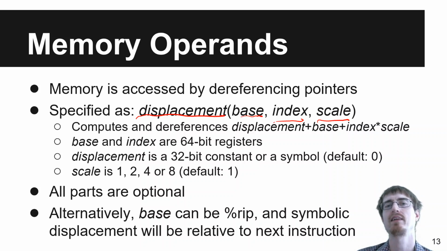So rather than being translated in machine code into an absolute address, saying variable foo is at address 0x, say 400,000, what you get is that this location is at RIP, the current instruction pointer, plus or minus a much smaller number. And this means that if you move the code around, the reference stays the same. So you can move the code without having to recompile it, which is often very useful.